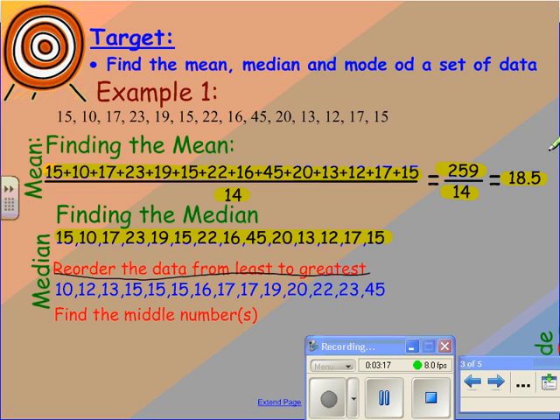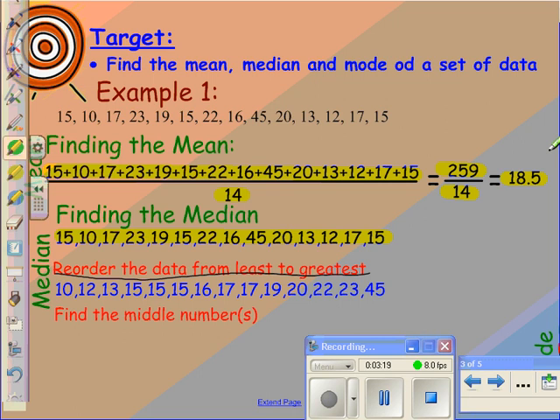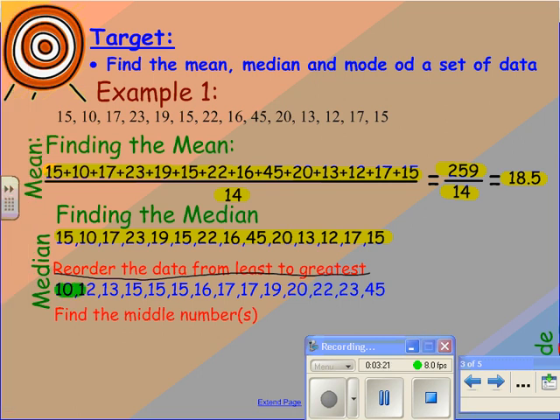We get 10, 12, 13, 15, 15, 15, 16, 17, 17, 19, 20, 22, 23, and 45.